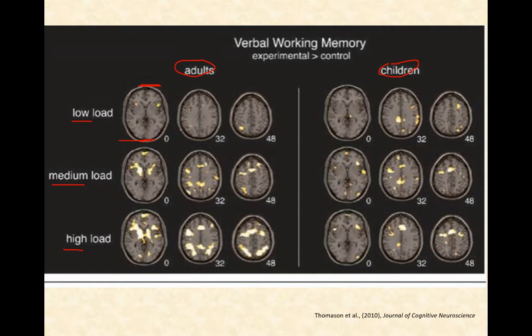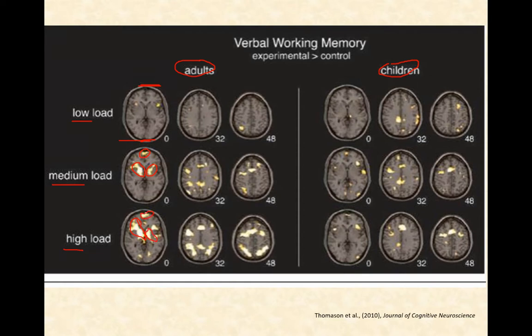What they found in these adults, the brighter parts are where the brain was more active. We see some regions of the brain in adults that aren't very active with the low working memory load tasks, the easy tasks, but as it gets more difficult, wow, more regions become a lot more active relative to the other regions.